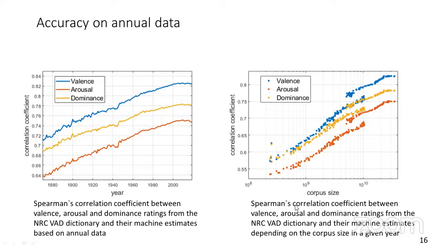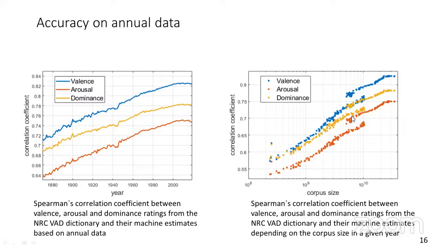The second curve is the dependence of correlation coefficients on the corpus size. How many texts influence the correlation coefficients?